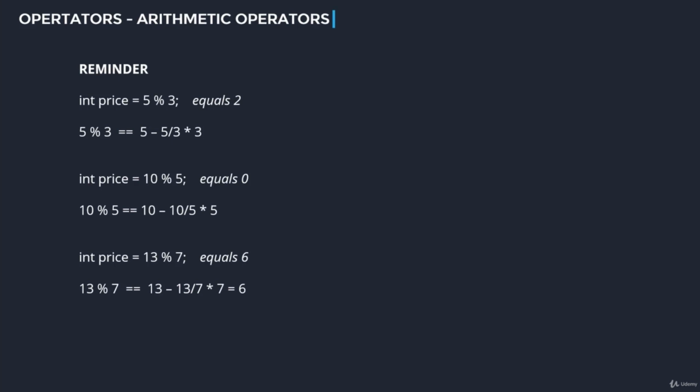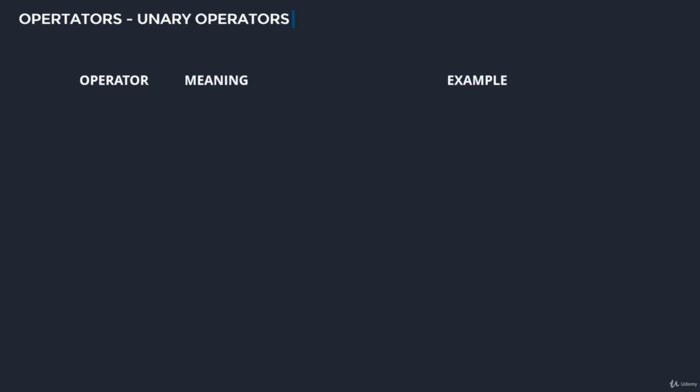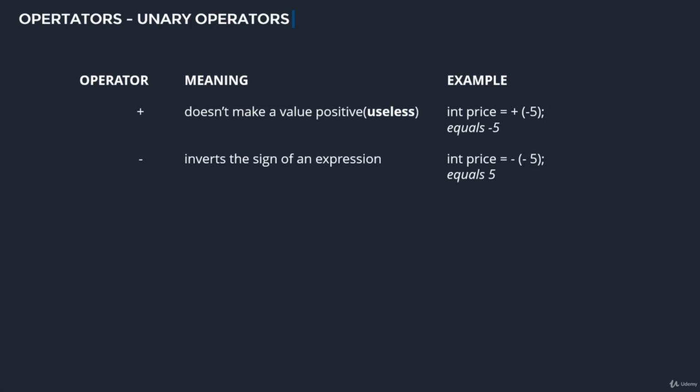So moving on to unary operators. They have the name unary because they are not connected to 2 values or variables. They can be used with 1 value or variable. We can use the plus sign for numbers, but it won't change a negative value to positive. So basically, it's useless. But the minus sign will change a negative value to a positive, like you can see in the example.